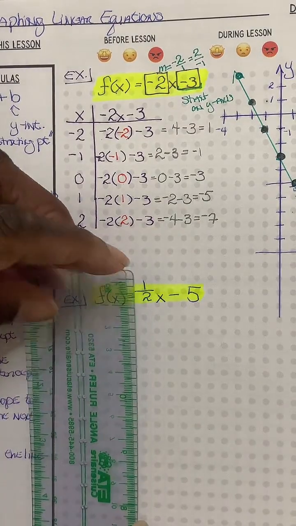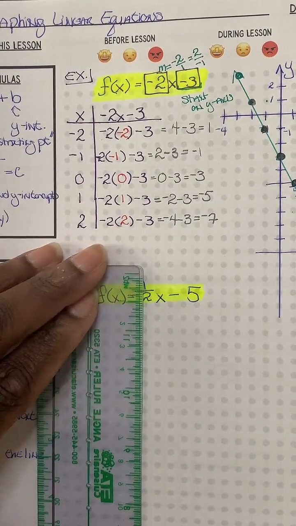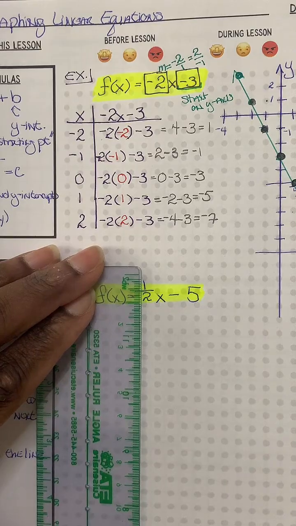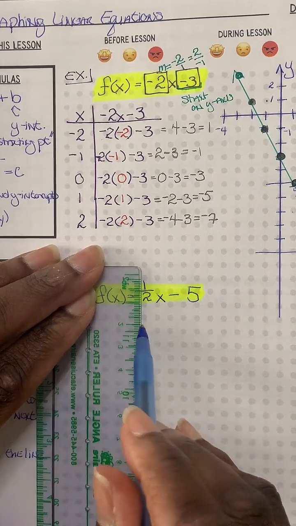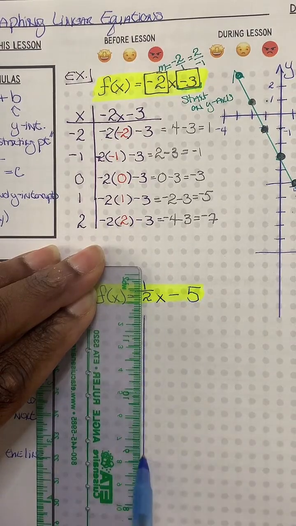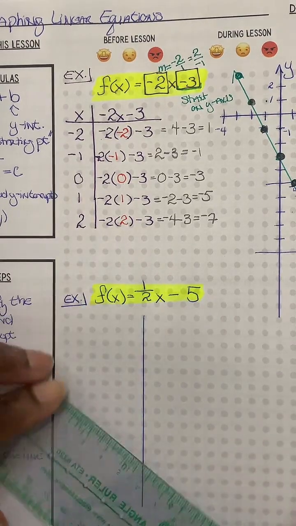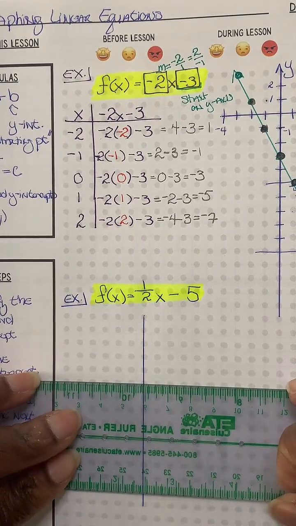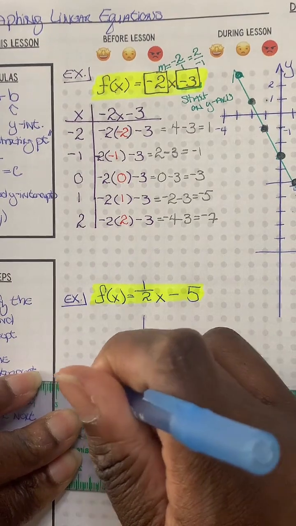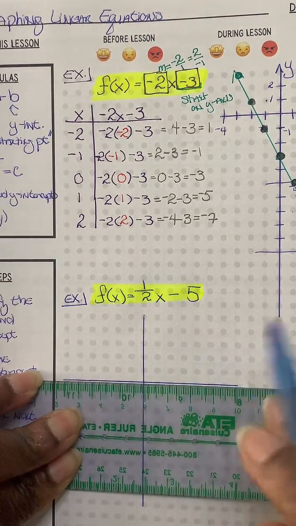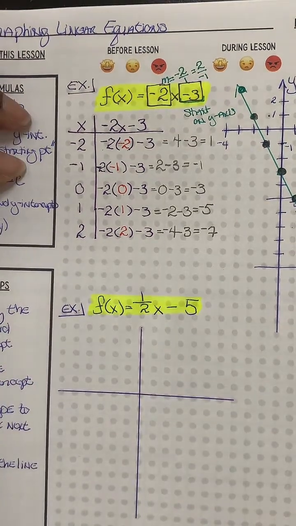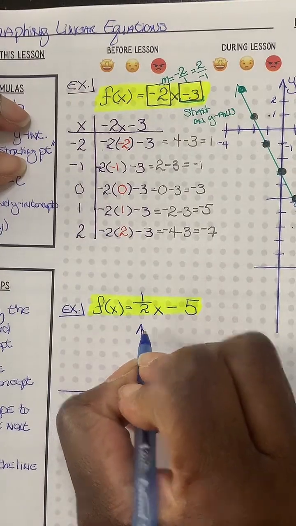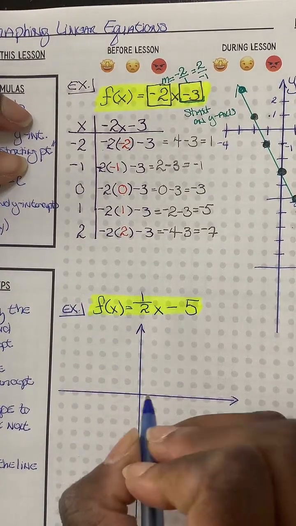The reason why is because I see the two things that I need. The two things that I need are my y-intercept and my slope. I think I said x-intercept. I meant my slope.